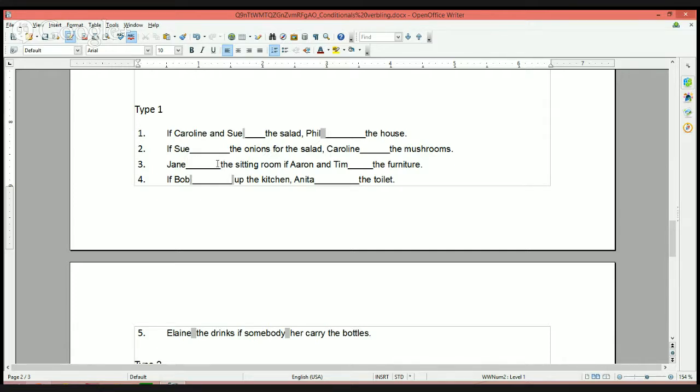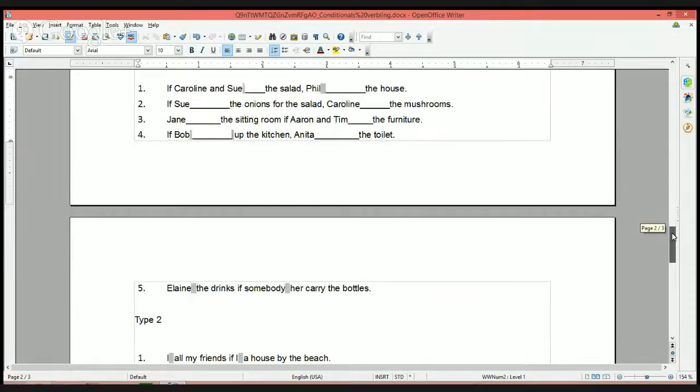So Jane will clean the sitting room if Aaron and Tim, and then your verb in the simple present. If Aaron and Tim put the furniture. Sure, put would work. Buy works really well too, which is what you mentioned earlier. So both of those would be fine. Jane will clean the sitting room if Aaron and Tim put the furniture away or buy the furniture, something like that. All right. This time I'm going to start giving you guys some of these verbs just so you don't have to think too hard about which verbs go in these blanks.